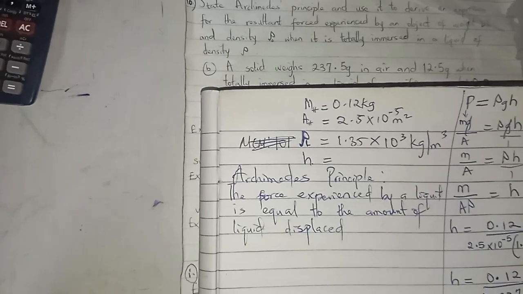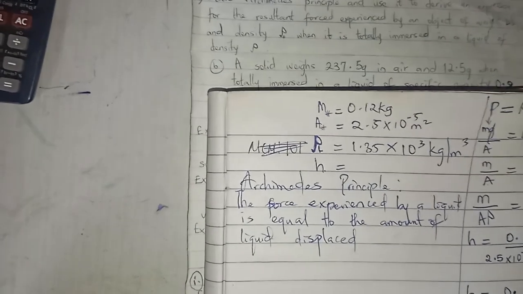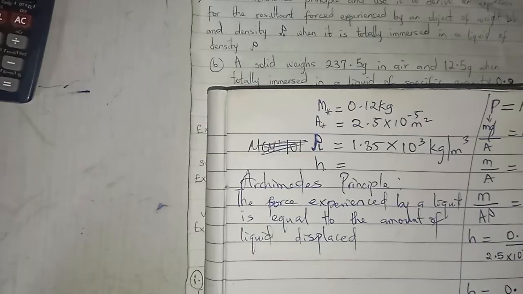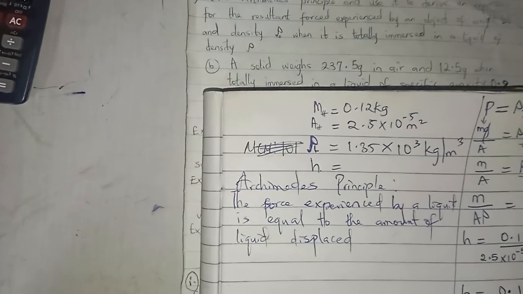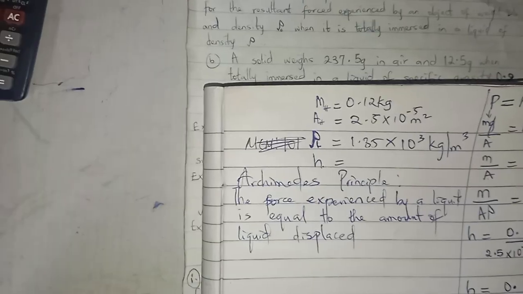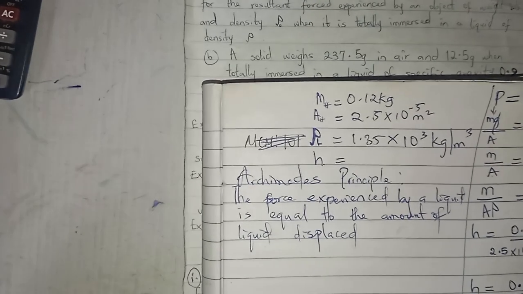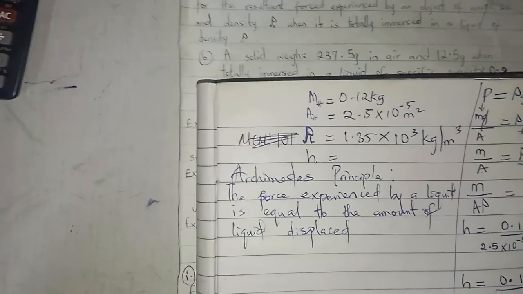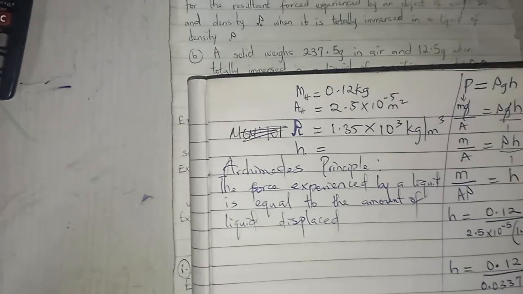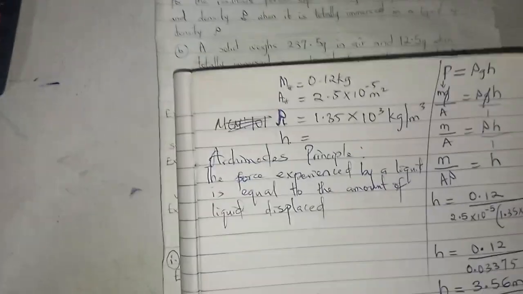So it's trying to tell you that if you put your hand inside water, if it's filled up, it will continue to leave the containing vessel until the amount that leaves equals the weight of your hand that you put inside. So that is what that law is trying to talk about.